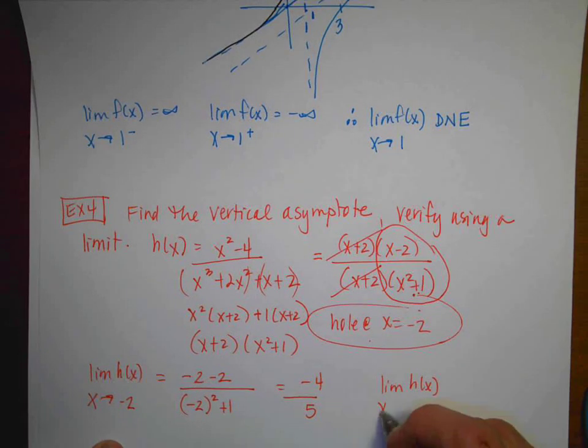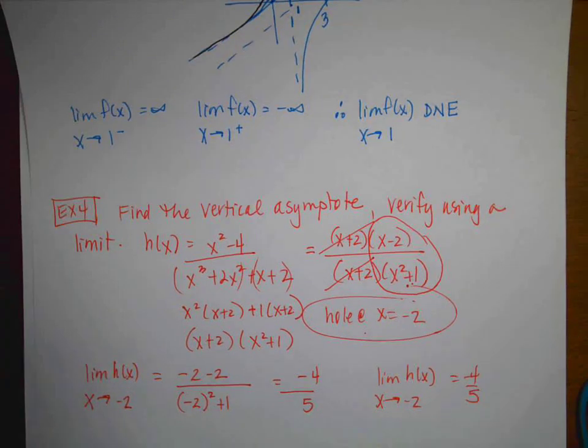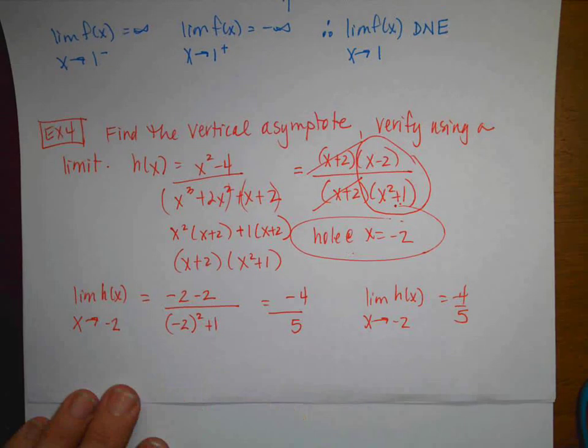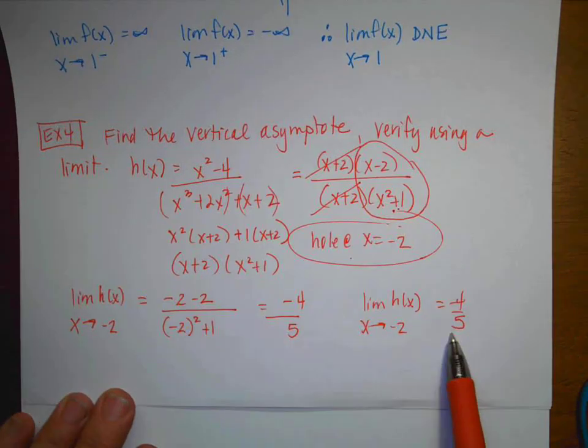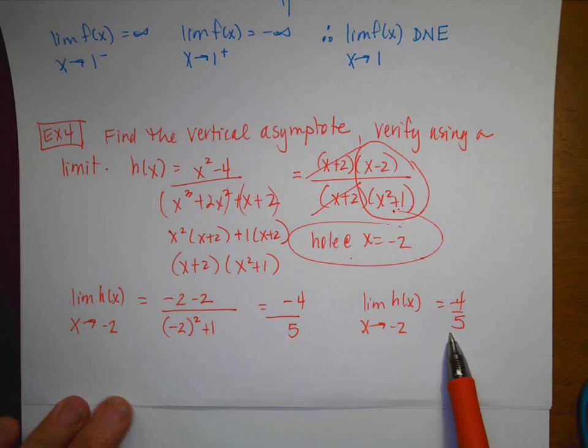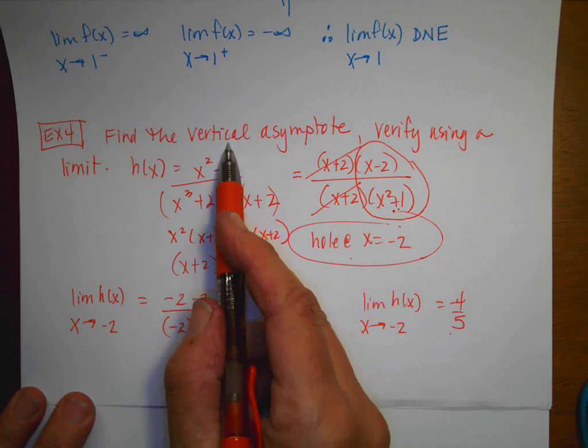So then the limit of h of x as x approaches -2 is -4/5. So unlike the vertical asymptotes where the limit didn't exist, in this situation, the limit does exist, which verifies the hole.